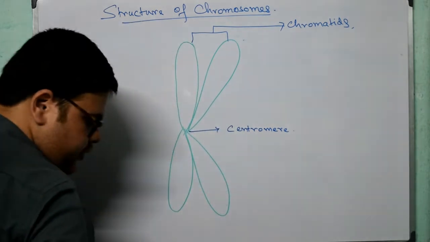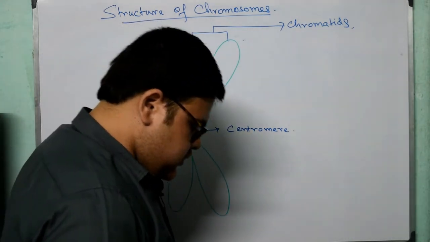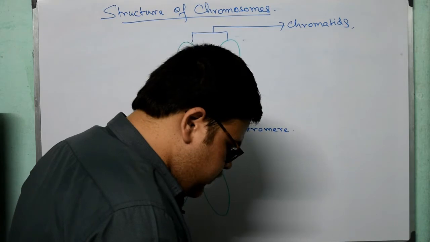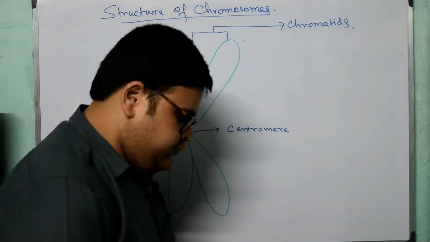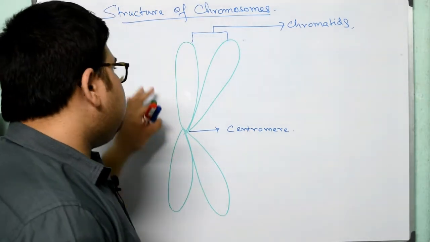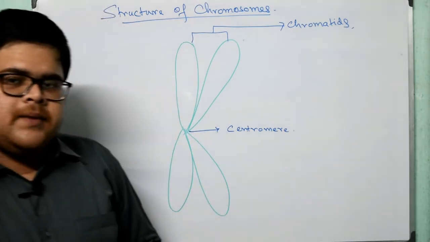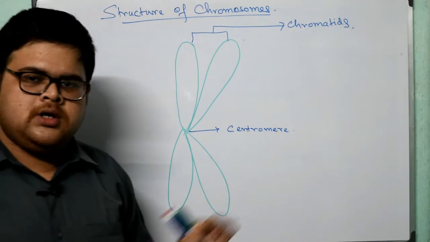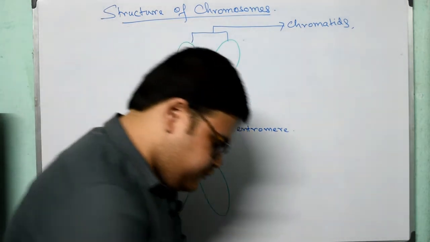Now, each chromosome in its condensed form is visible during the start of cell division. Otherwise, without this condensed form, these chromosomes are not that visible.